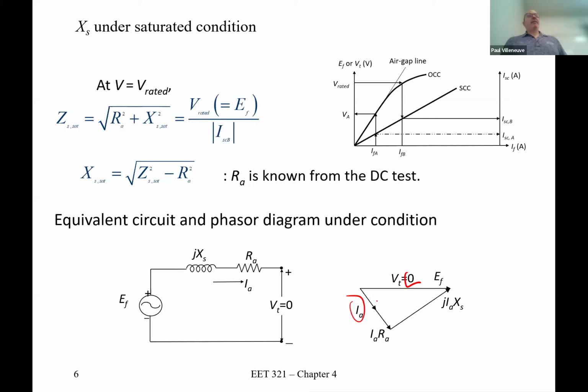And then we have to rotate by 90 degrees because the inductor has magnetic. So we rotate it by 90 degrees and then we end up adding those voltages. And then this is the field voltage. So this more likely than not is going to be equal to basically just running it under very lightly loaded conditions, under no load essentially, because EF and VT are the same.